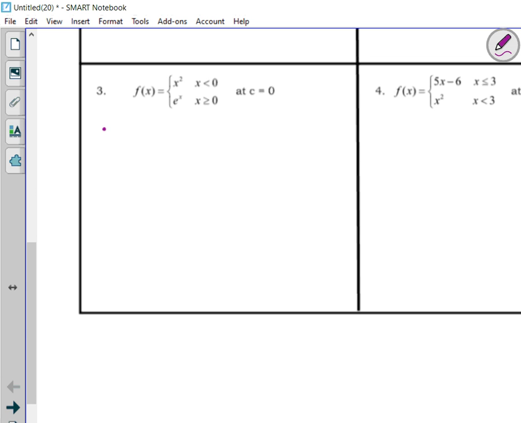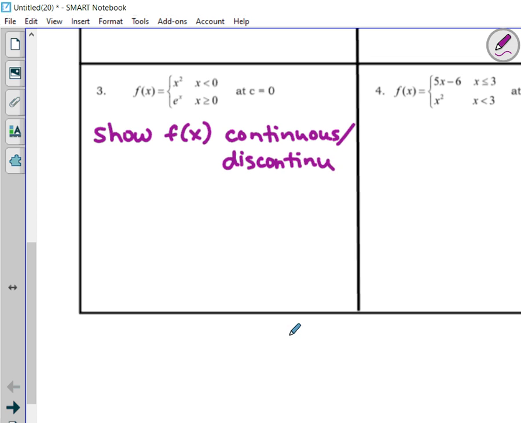So I'm going to show that f of x is either continuous or discontinuous at c equals 0.